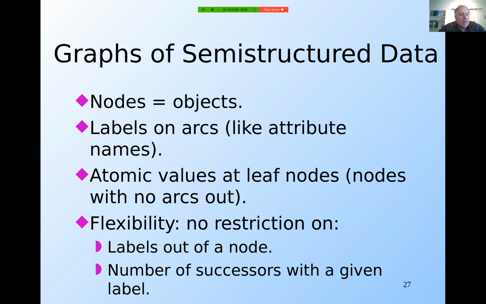Now let's assume that we have a graph and you are going to put labels on the edges. You can name them whatever you want. The nodes or vertices are going to represent objects or things, and then there are going to be leaf nodes that are just atomic values, so there's no arc going out, just a value at the end.